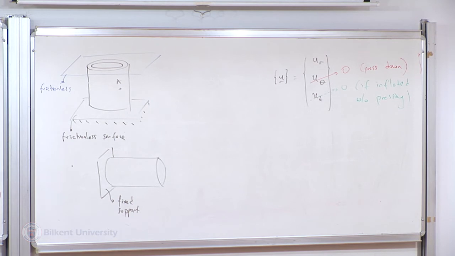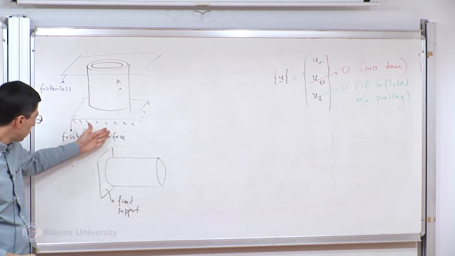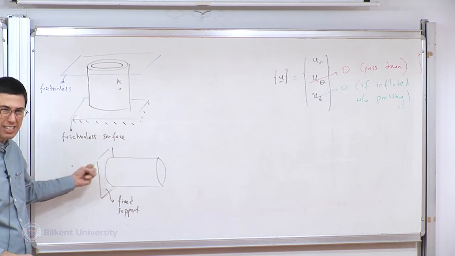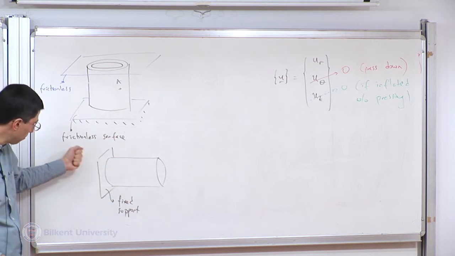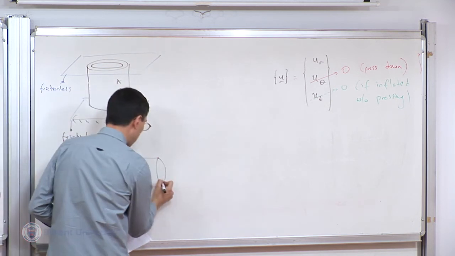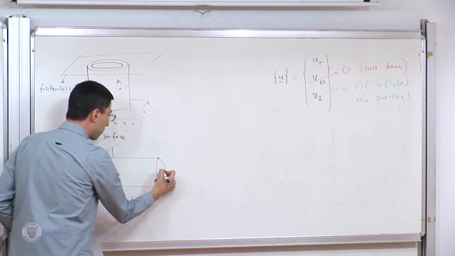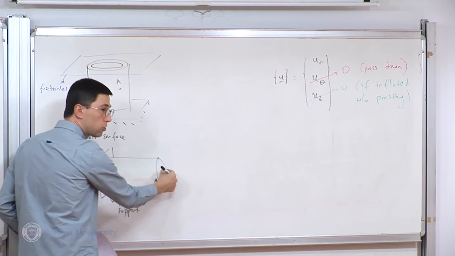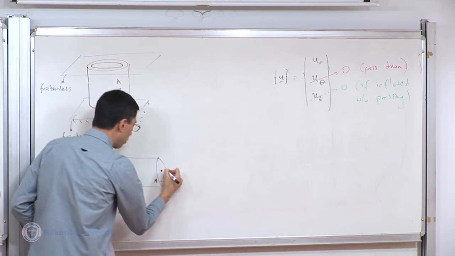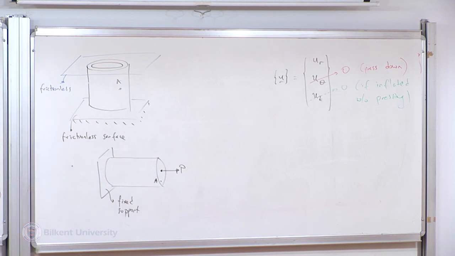So I have a circular shaft or a cylinder. It's fixed at one end, so it's attached. It's not frictionless or anything. It's completely adhered to that surface. And I'm interested in the displacement field, let's say, on the surface at point A. And what I'm doing is attaching, let's say, a string to a point at the end, and I'm going to pull on that string with a certain force.